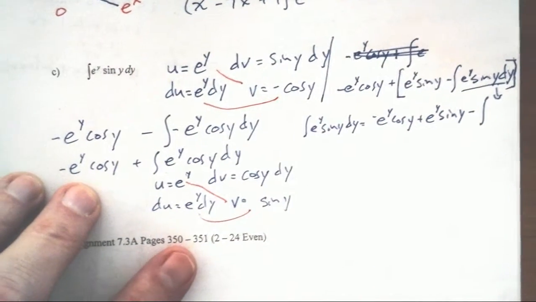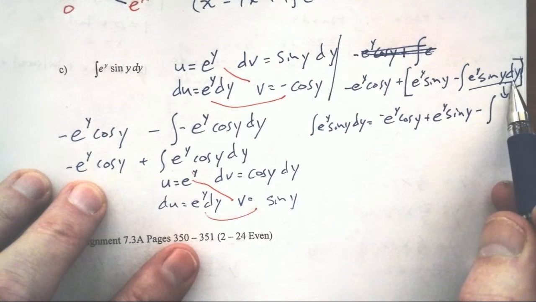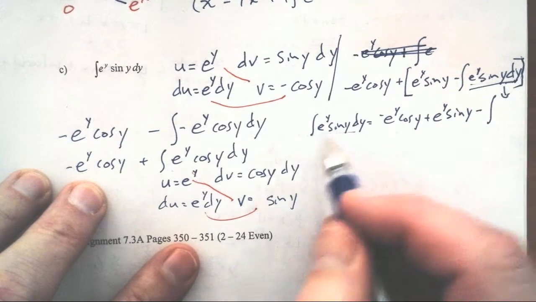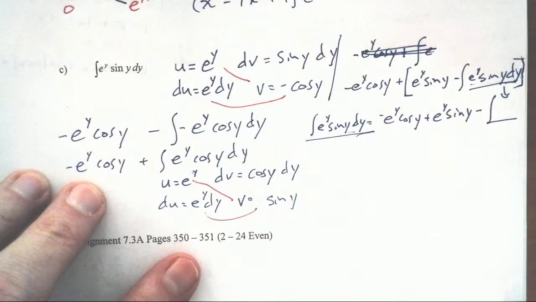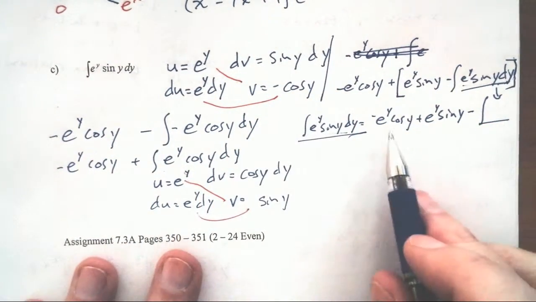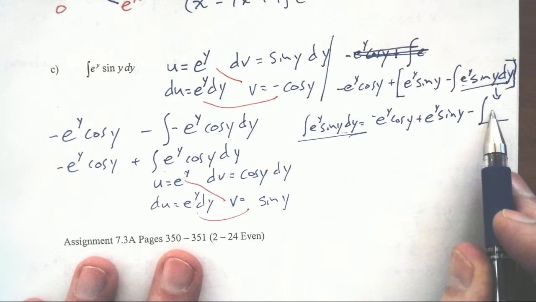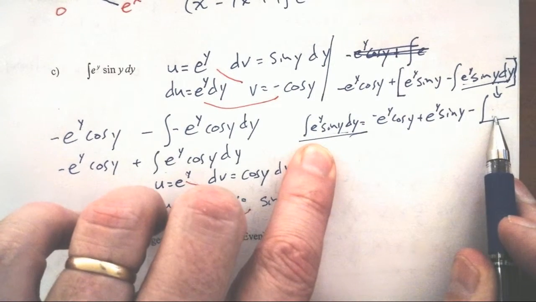Sorry about that, ran out of some room there. But what do we notice about this guy? This guy is exactly what we started with. These are a match. So it's like I've got an apple here and a minus apple there. And what do I not like about this side? I don't want the integral there. So I'm going to add an apple to both sides.